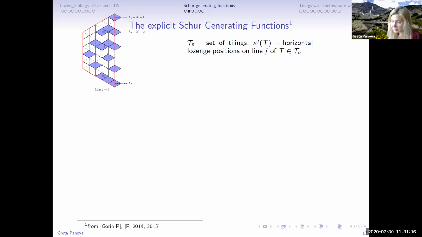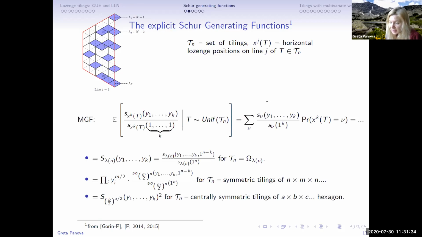Okay, so here is our setup again. Let's say big tau n is the set of tilings, xj, the horizontal lozenge positions on line j, in this case from k to j, but whatever. And now, what are these moment generating functions for this particular set of tilings?